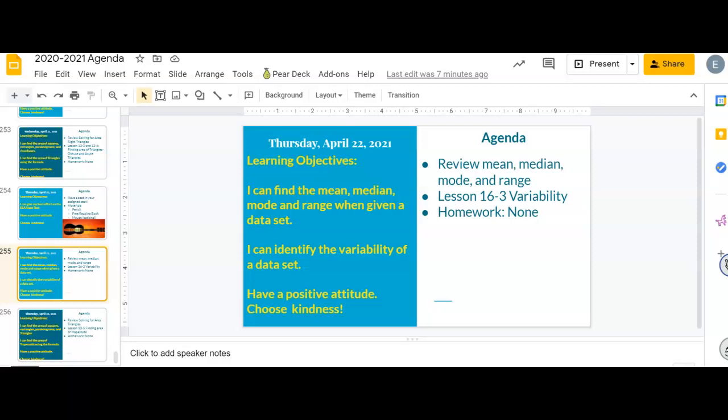Coming together. Voices up. What is median? Ella.